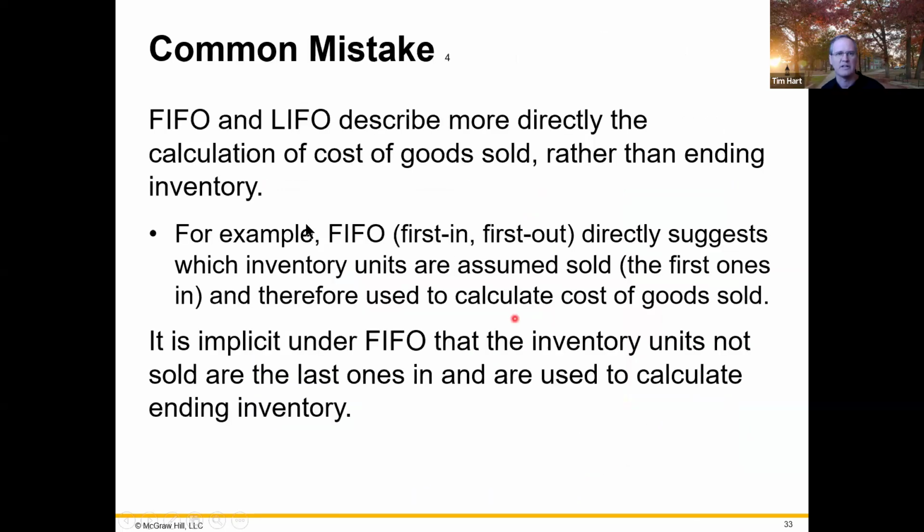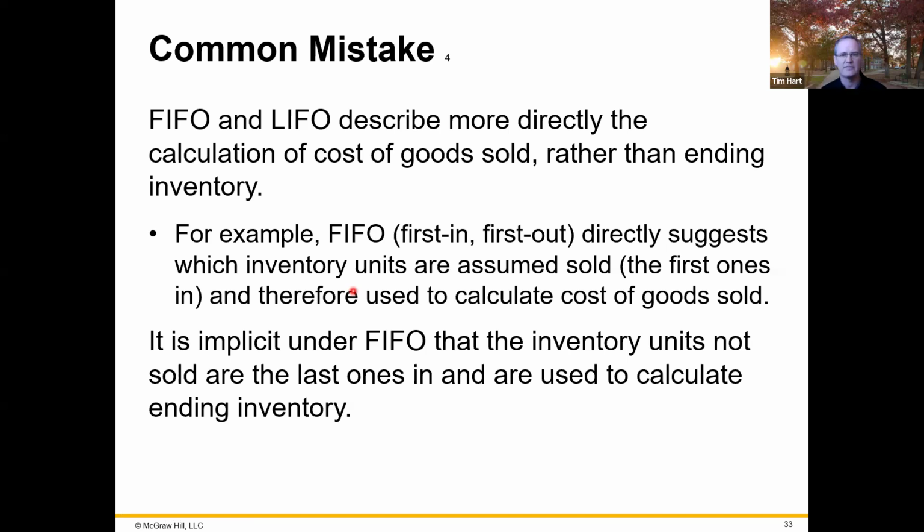Let's summarize this here. It's a common mistake. FIFO and LIFO describe more directly the calculation of cost of goods sold rather than the ending inventory. Ending inventory is just what's left. They're really trying to capture what was sold. For example, FIFO directly suggests which inventory units are assumed sold, the first ones in, therefore used to calculate cost of goods sold.